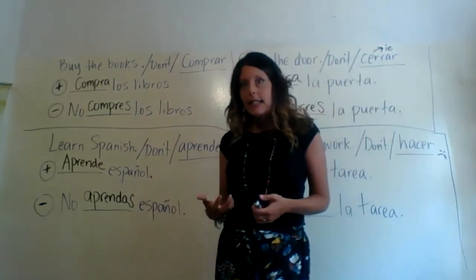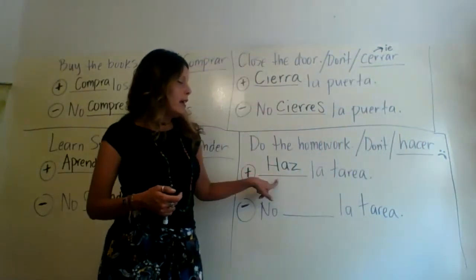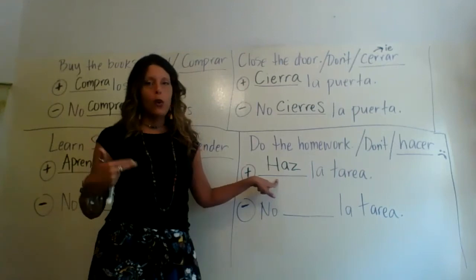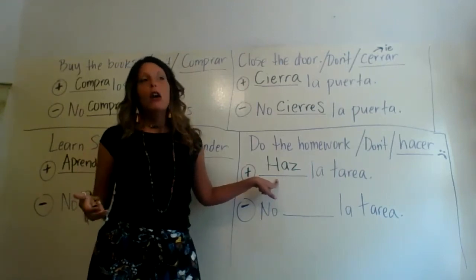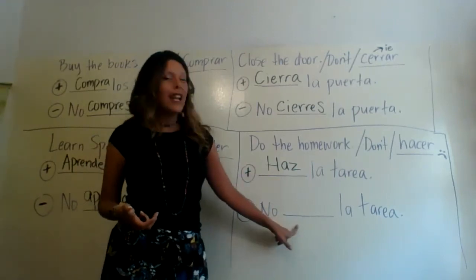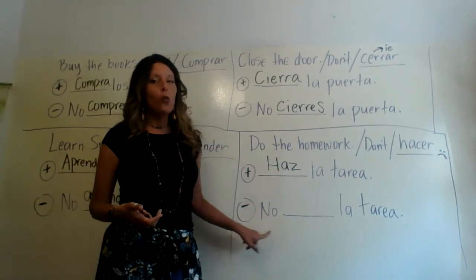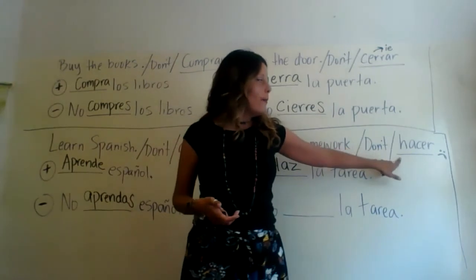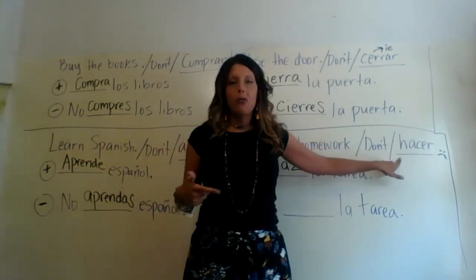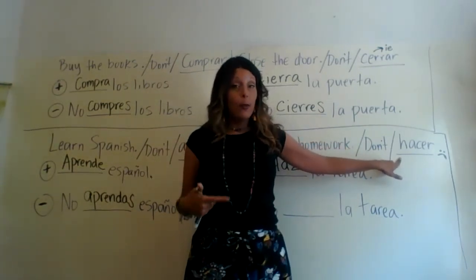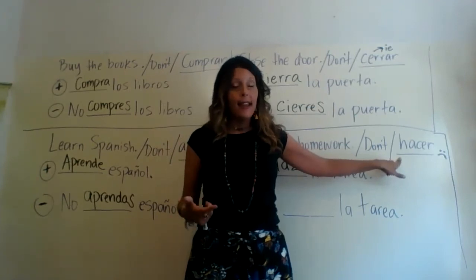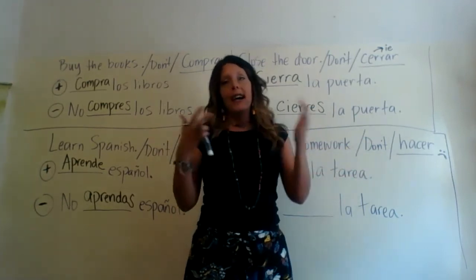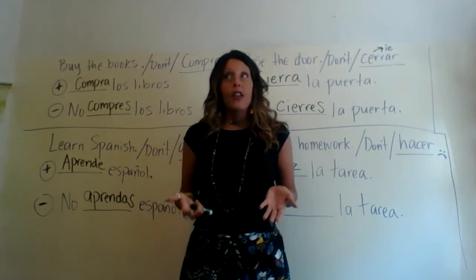Because yes, even though the affirmative informal tú command is irregular and we memorize it, in order to make the negative don't do the homework, we're going to have to form a formal usted command with the verb hacer, and then we're going to have to add an S to the end.